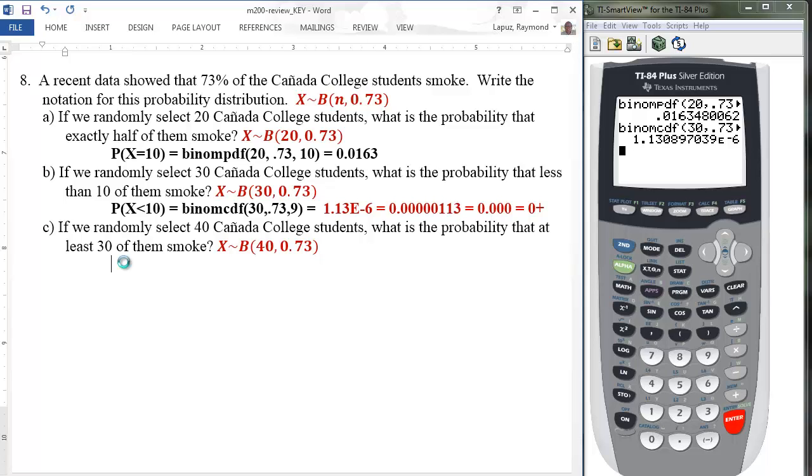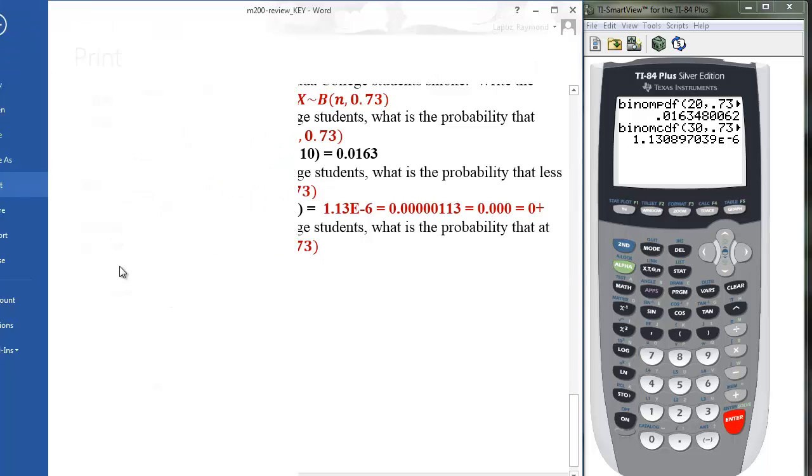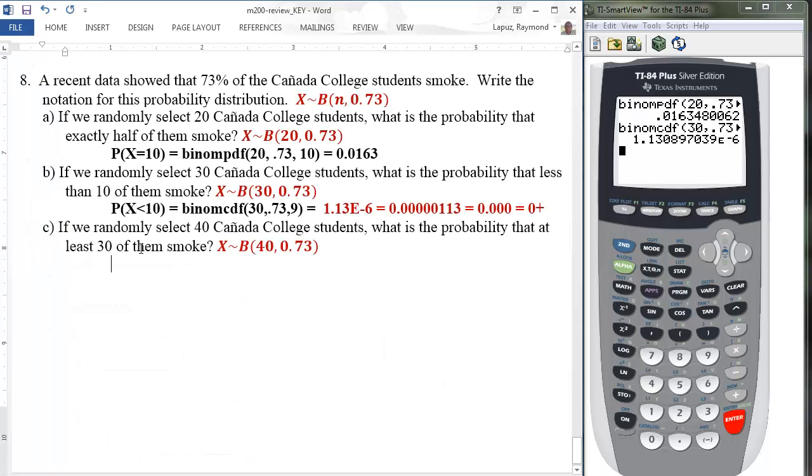That means, oops, excuse me. At least 30 means our x value is bigger than or equal to 30. Now, that's not the best way to put that symbol, but for now I'll just keep it as that. So bigger than or equal to 30.